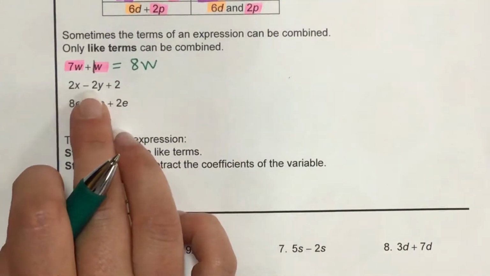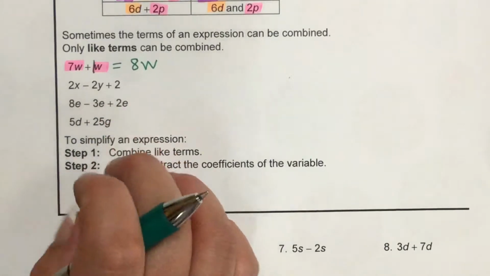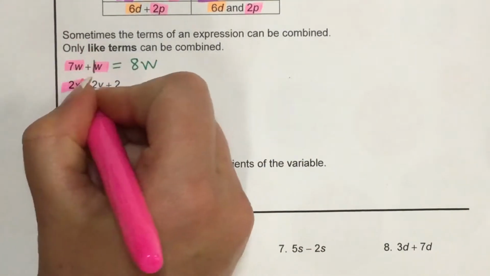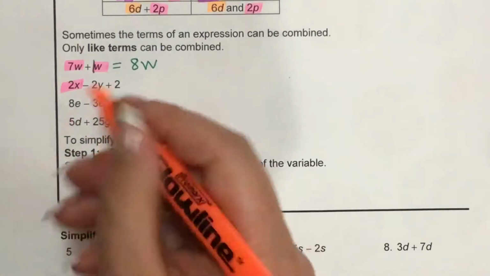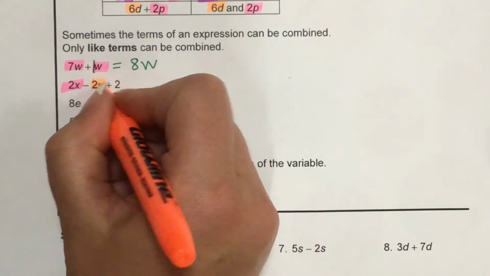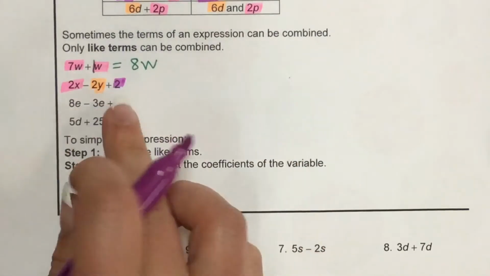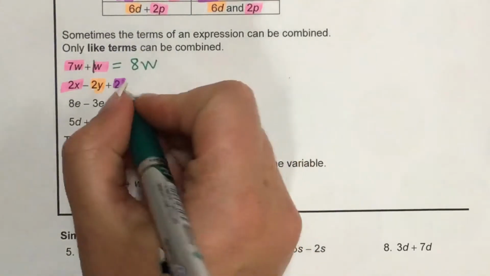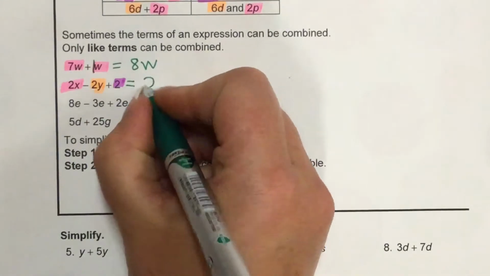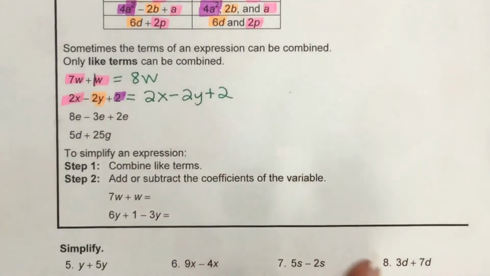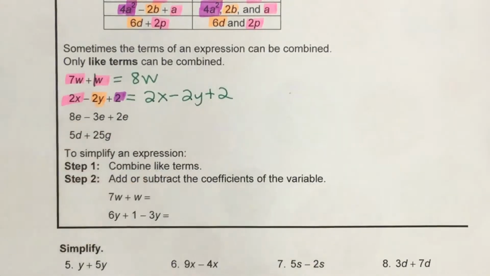Here we go, 2x minus 2y plus 2. Well, if we look at these terms, we have 2x, and then we have 2y, and that's different. That's not the same thing as 2x, and then we have a number. So all three of those things are different, so we cannot combine them. So the answer is 2x minus 2y plus 2. It's exactly how it was. Okay, let's look at the next one.